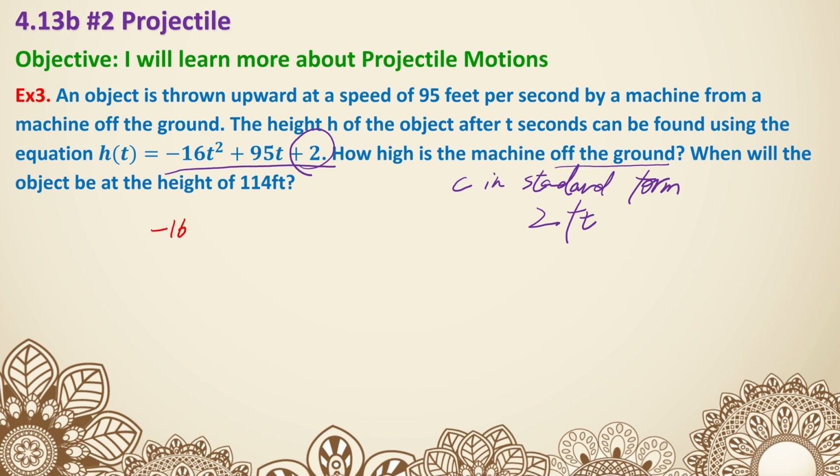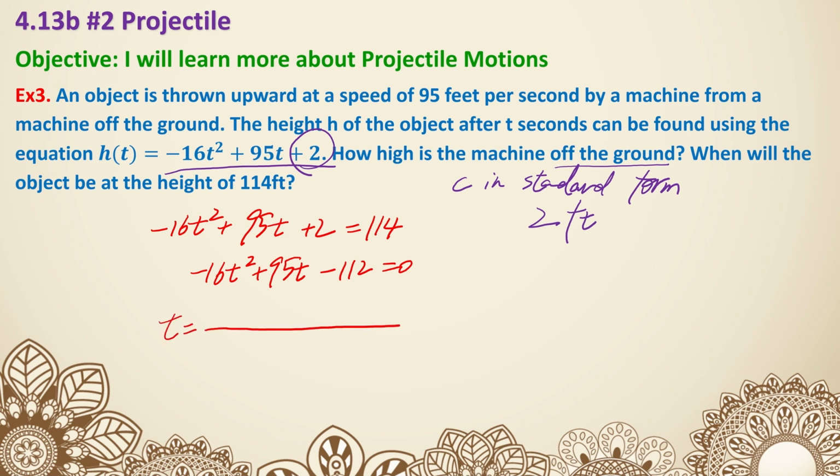Okay, we are going to need to set our function negative 16t squared plus 95t plus 2 equal to 114 and find out when it's going to happen. So that is the equation we're going to solve. Negative 16t squared plus 95t minus 112 equal to 0. Let's use the quadratic formula. t equals negative b, which is negative 95, plus minus the square root of b squared, which is 95 squared, minus 4ac.